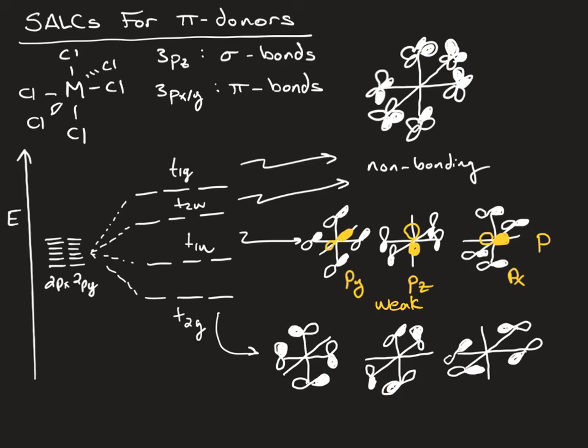The T2g, you can overlap with 3 of the d orbitals. So for example, the dxz, the dyz, and the dxy.